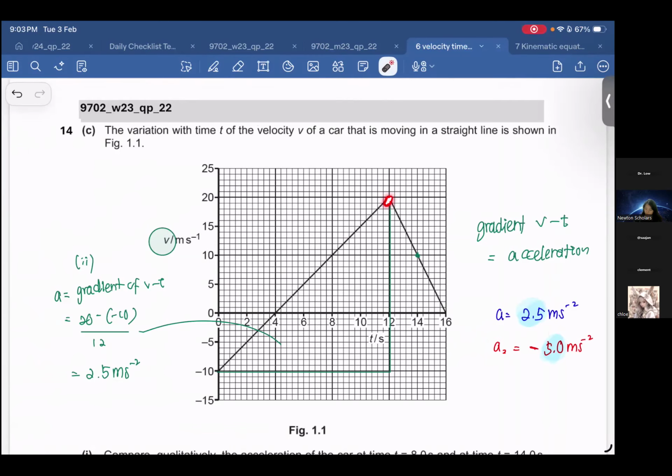So it travels from here for 12 seconds. What is the displacement? Can you count? What is the displacement? Chloe, no?